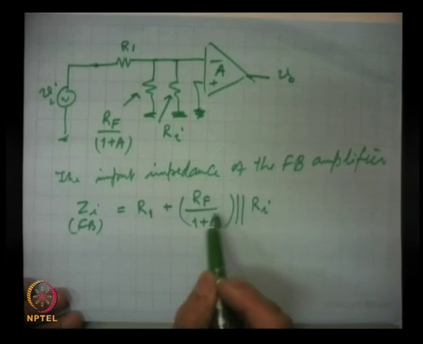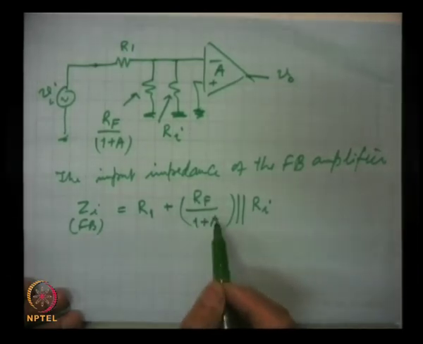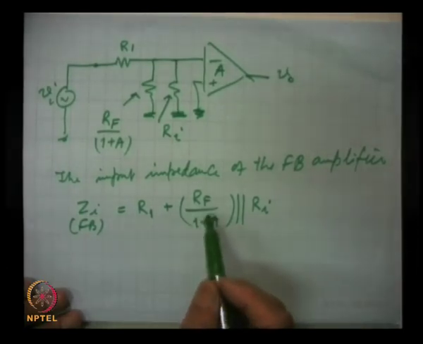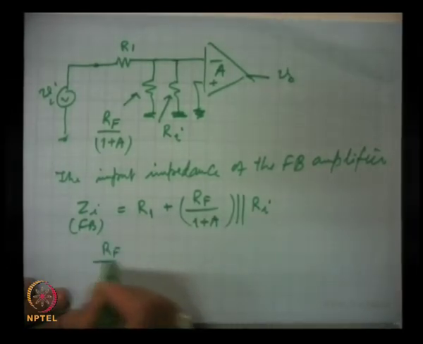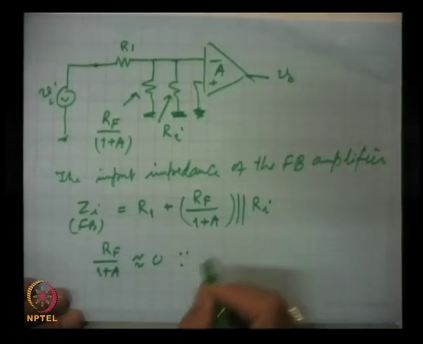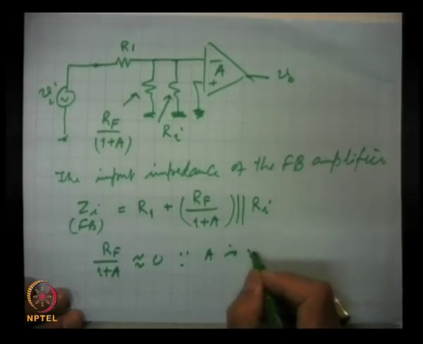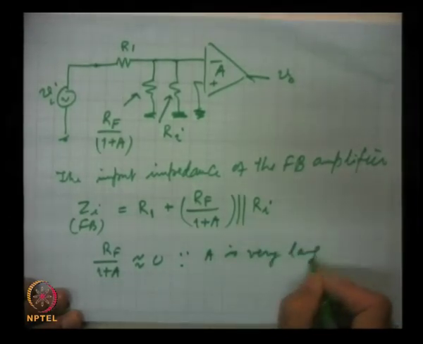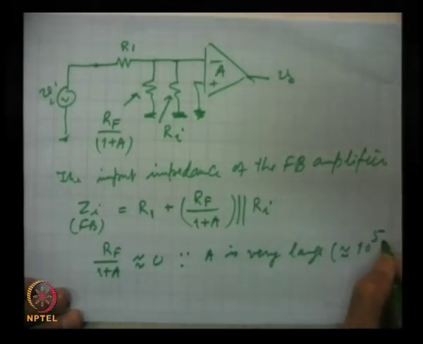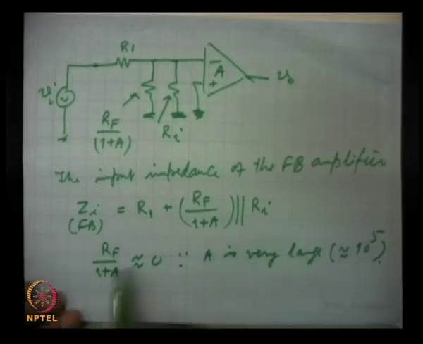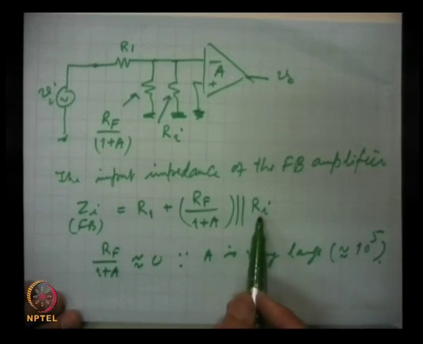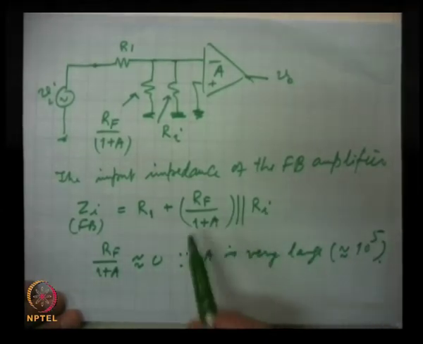Now, here A is very large, so this RF by 1 plus A will be very close to 0, because A is very large, of the order of 10 to the power 5. So, this is almost 0, and any smaller resistance in parallel with a high resistance, the resultant is the smaller one.